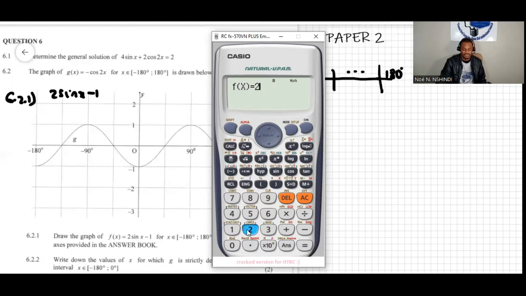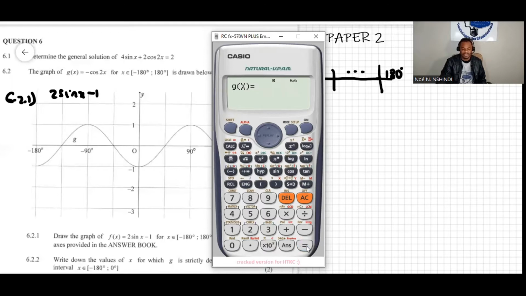So I'm going to hit 2, then sine, and then to get x, we press the alpha button. Press alpha and you can see x is there. It might not be in the same place on your calculator, so check carefully. In my calculator, it's the close brackets button. Press x, x is there. I can close the bracket and then minus 1. Now I hit equal.